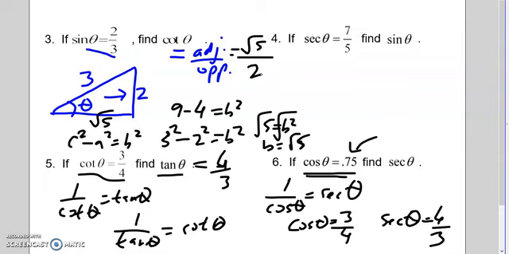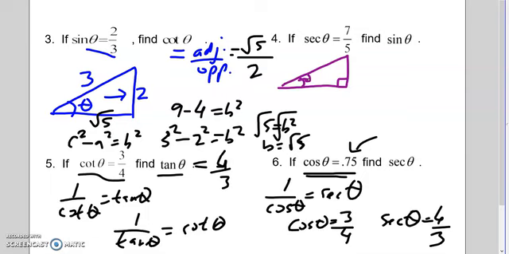All right, next one. Now this is very similar in that we need one of the other sides. So here's my right triangle. Here's my theta. And I have that secant is 7/5.